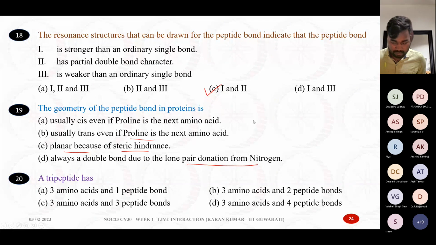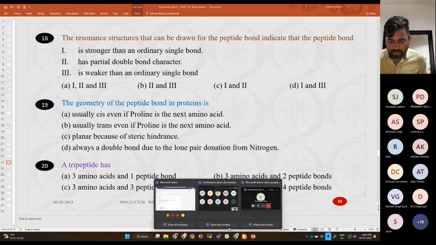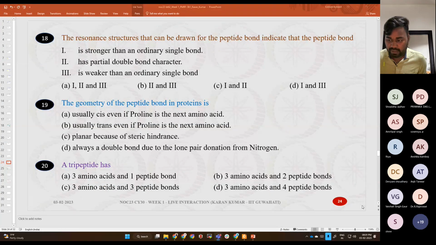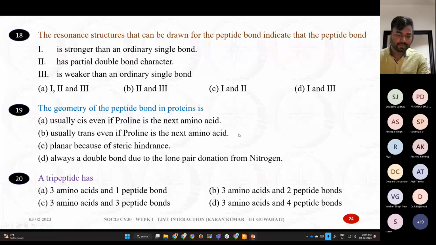So what will be the correct answer for this? I think option A. Option A. Okay, any other? Option A, sir. Okay, we will discuss it in the next slide.